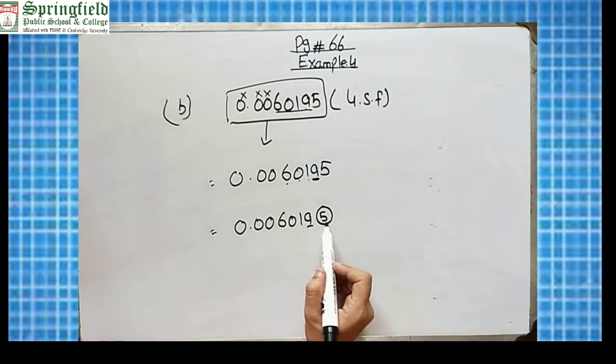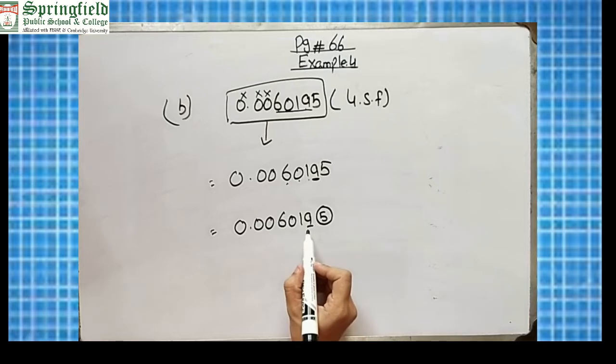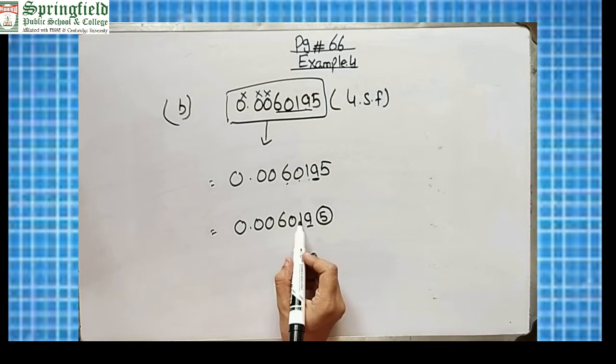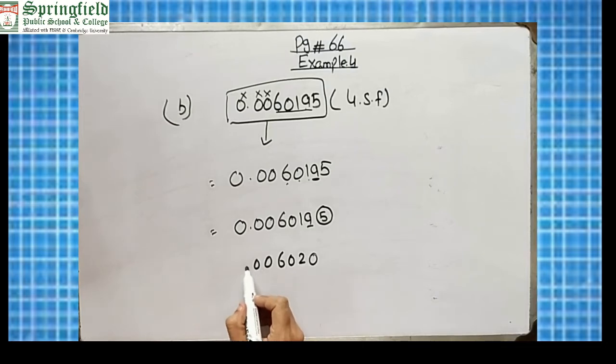The next digit is 5, and as we know, when the circled digit is equal to 5 or greater than 5, then we will add 1 to the underlined digit. It means 9 will become 10. So write 0, and then 1 will add to the 1. It will become 2, and then 0, 6, 0, 0.0.